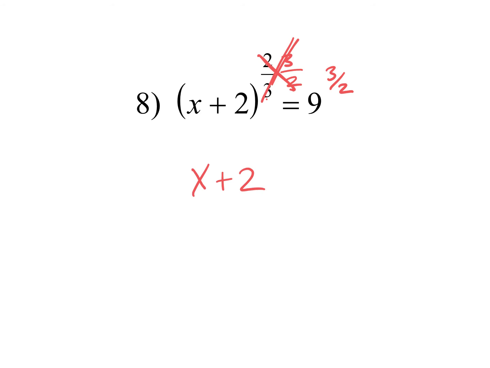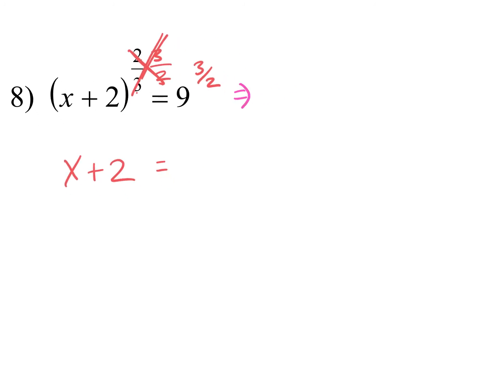X plus 2. And then on the right side, we need to figure out what 9 to the power of 3 over 2 is. So what is our index? 2. And then what's our exponent? 3. What are some factors of 9? 3 and 3. We're circling groups of how many?